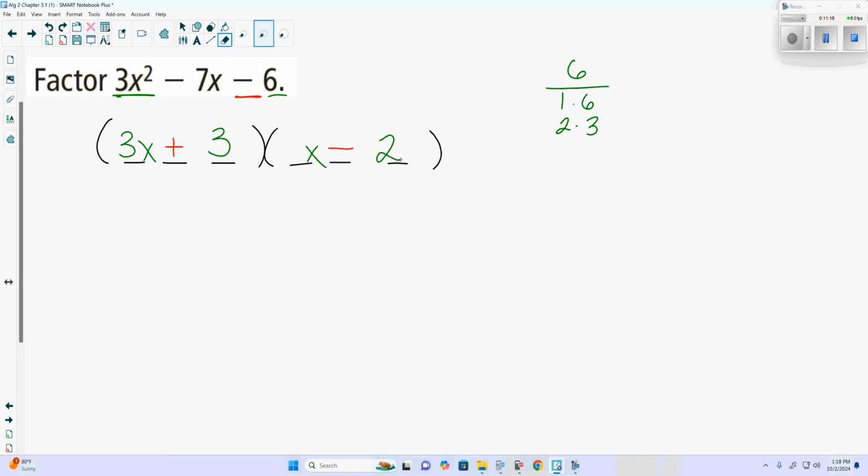We can't. It's not going to work. So 3x plus 3. Is there a like term there? Yeah, there's 3. So if there's a like term here, that means I could factor it out. Switch it.